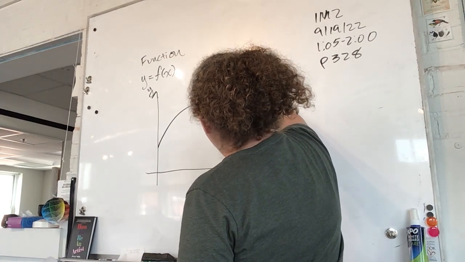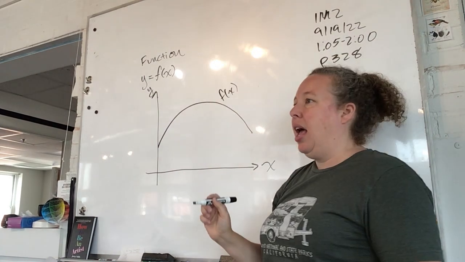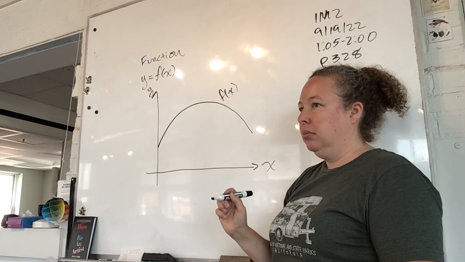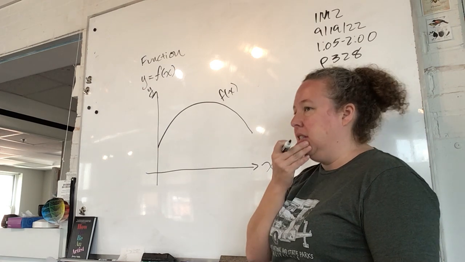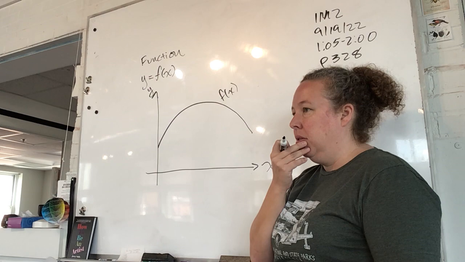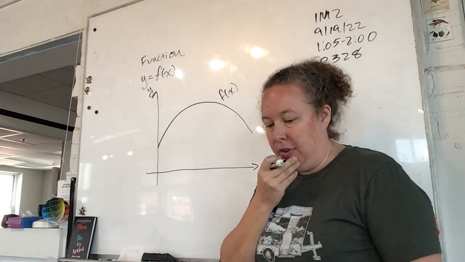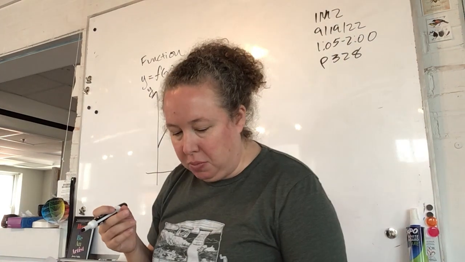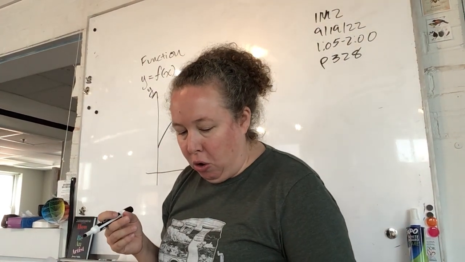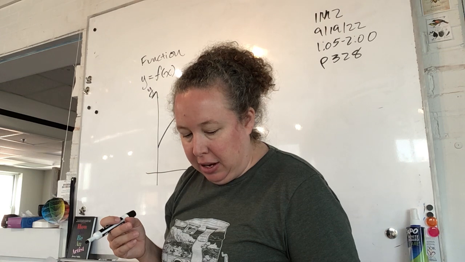We could label this f of x because it's the function. Okay, very good. Now we get into some more specific questions in this problem.